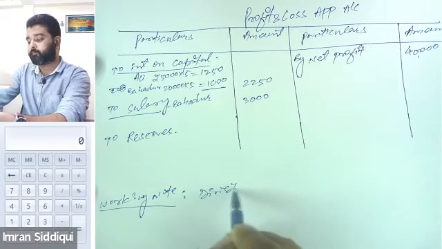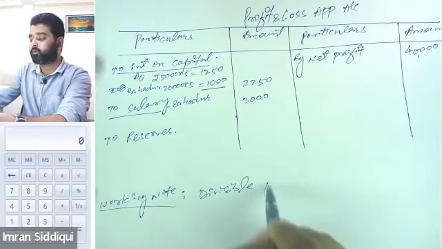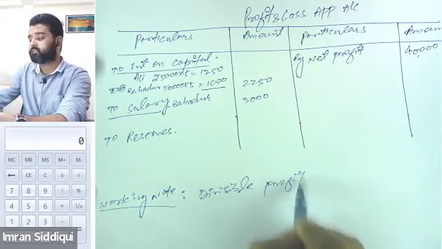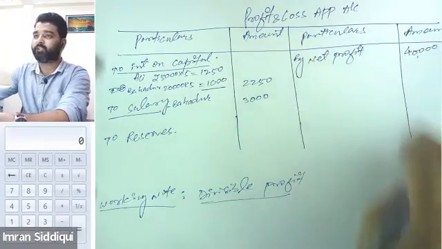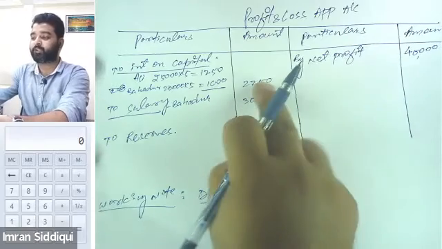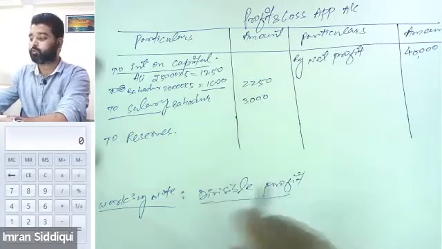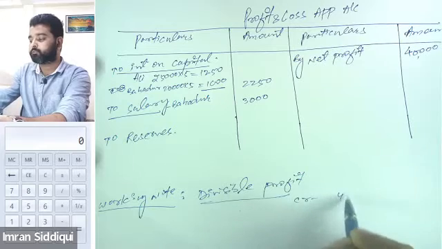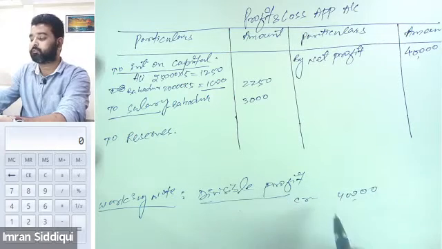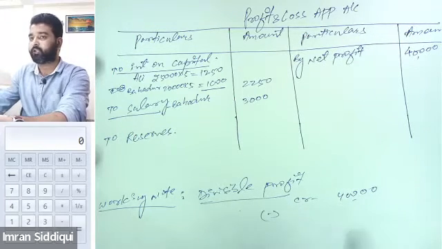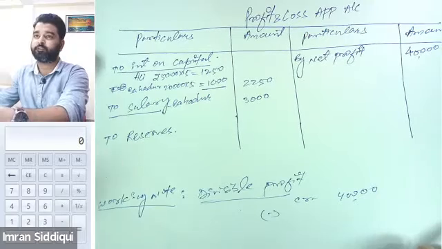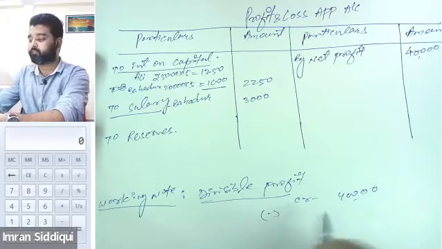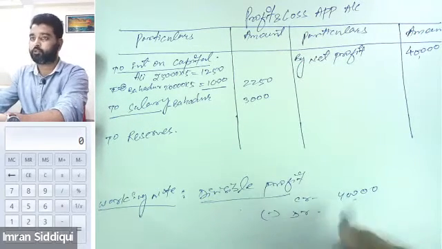Divisible profit. How do we calculate divisible profit? It is very simple. We will simply total the credit side values and then subtract the debit side values. So the credit side value is how much? It is 40,000, right? And the debit side value will be 2,250 plus 3,000, so it will be 5,250.